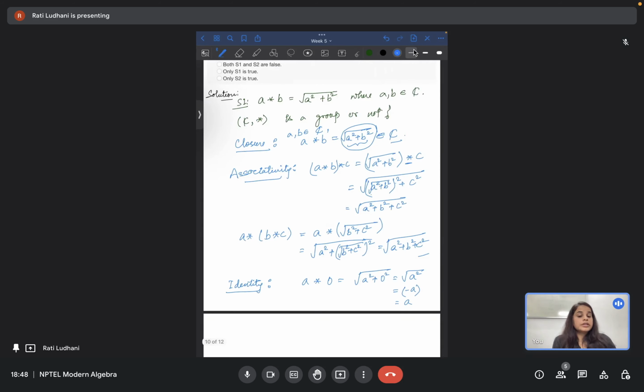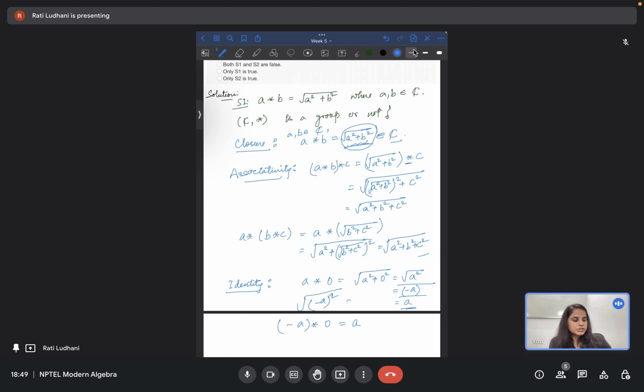Because of that, identity is not defined, because if you take minus A star 0 to start with, you can say this is A, or even you can say this is minus A. So basically the problem is this multiplication is not really properly defined, because you can think of minus A or A, that is both fine, because minus A square and then root.